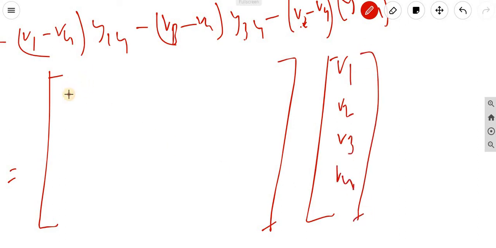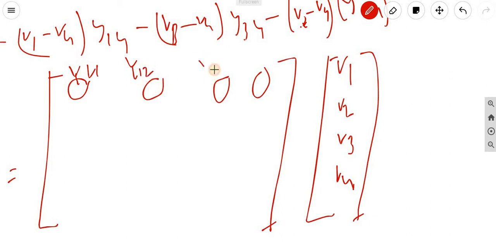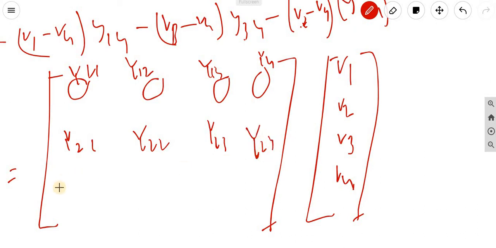So here we could get some elements: Y11, Y12, Y13, Y14, then Y21, Y22, Y23, Y24, and like this you will get one matrix.